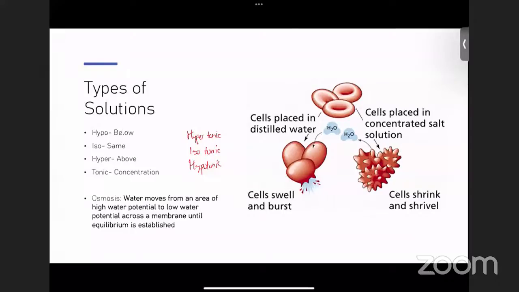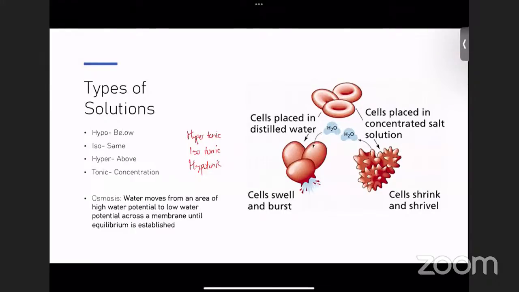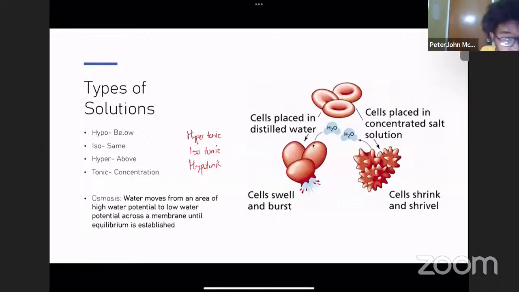Concentrated with solids. What's an isotonic solution? Equal amount of solids and solvent. What's the hypotonic solution? It's concentrated with solids.